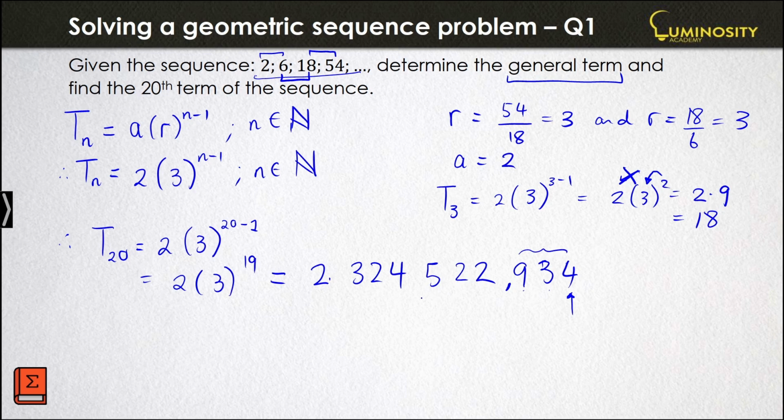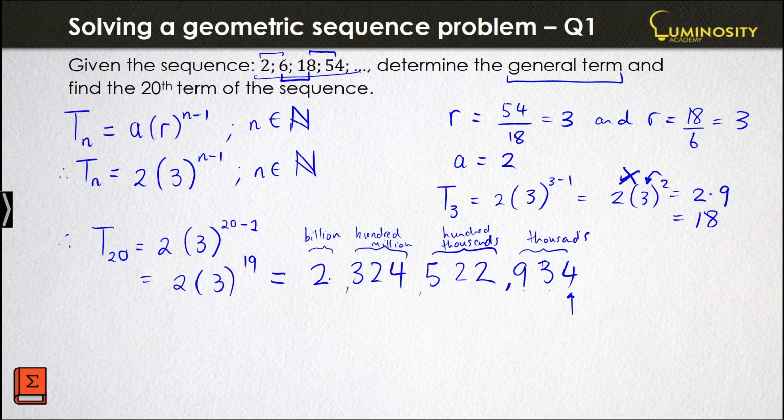Then 1, 2, 3 more: now I'm in the 100,000 region. 1, 2, 3 more: now I'm in the million region. And one more to the left, I'm in the billion region. So this is the billion, this is the 100 million, this is the 100,000s, and this is the thousands.